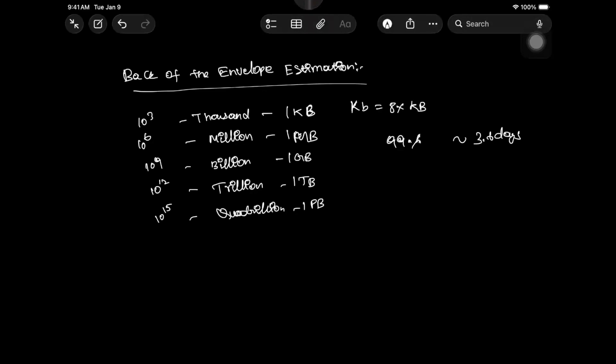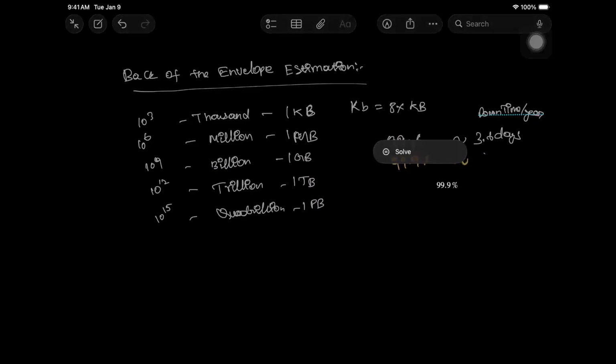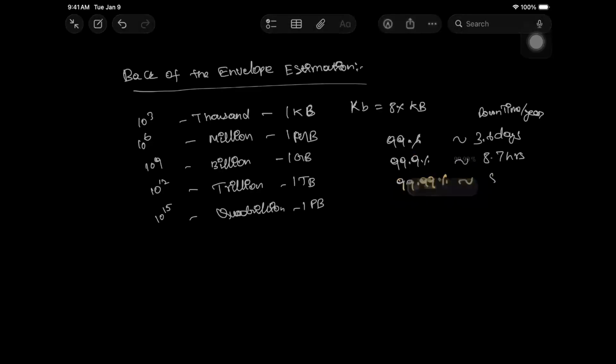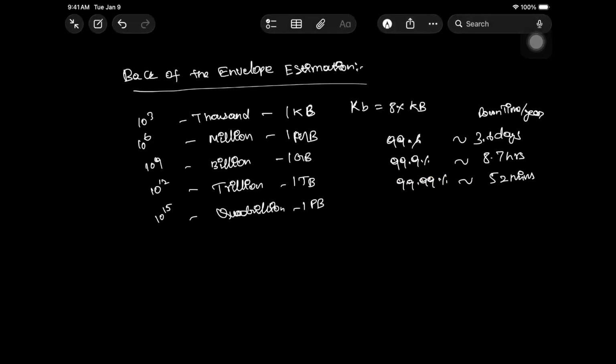Basically, this is downtime per year. 99.9 percent means approximately 8.7 hours. 99.99 percent means approximately 52 minutes. 99.999 percent means 5 minutes.